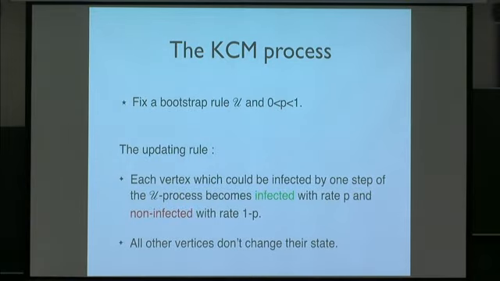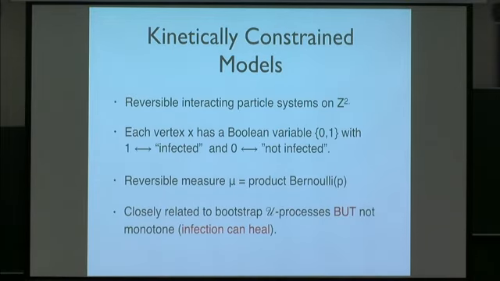In particular they are reversible Markov processes or reversible Markov chains, whether you are on the infinite lattice or on a big torus. Conventionally we associate the value 1 to infected and 0 to not infected.